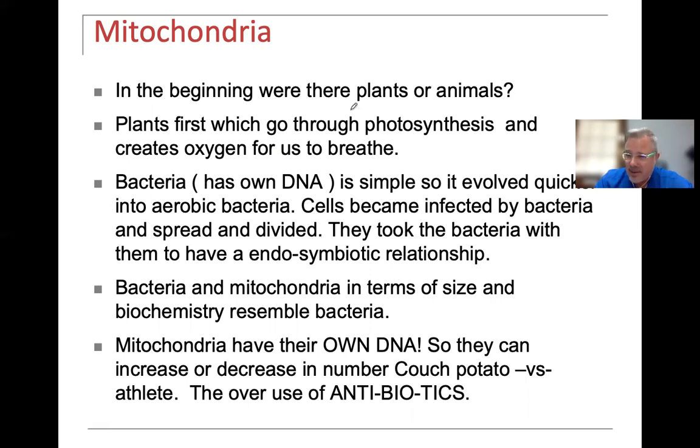Those bacteria are very similar to mitochondria, or mitochondria is very similar to the bacteria in terms of their size, their biochemistry, which leads us to believe, and one of the theories is when people use antibiotics, they have less energy because not only is the antibiotic destroying the bacteria, it's also destroying mitochondria. And when you destroy mitochondria, you start to impair and hurt bodily function in which those mitochondria are needed. So where are the most mitochondria needed? Muscles.